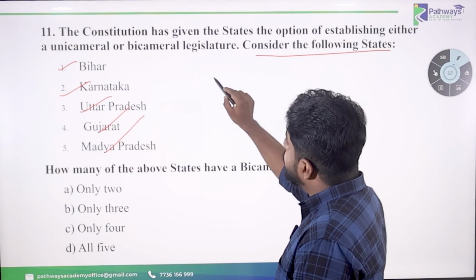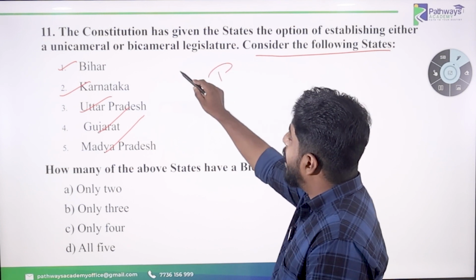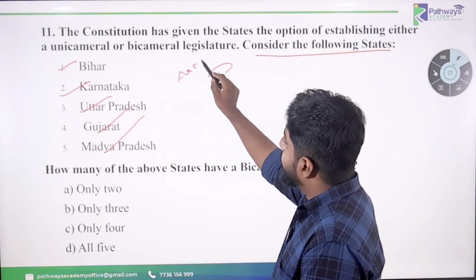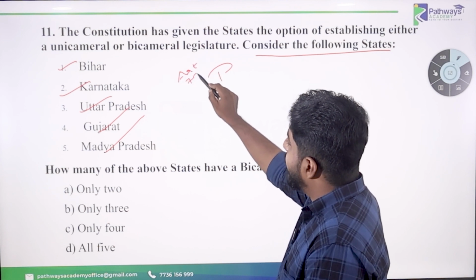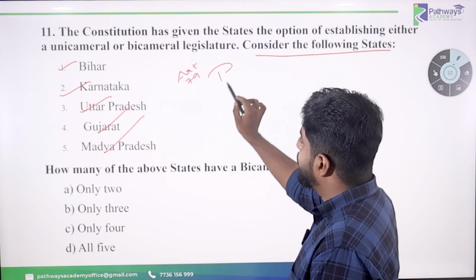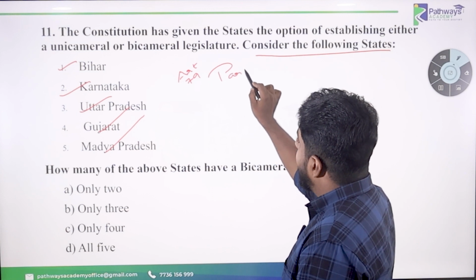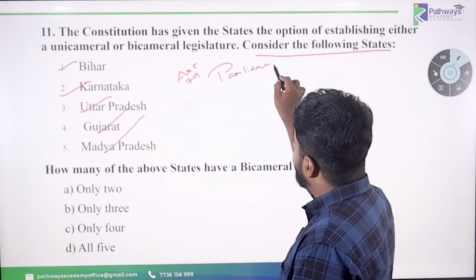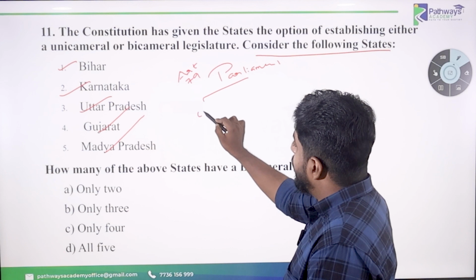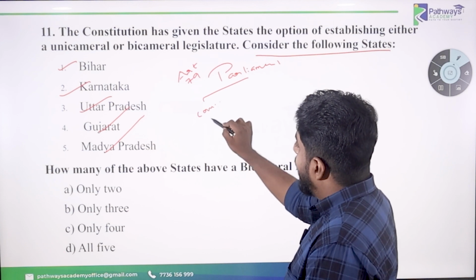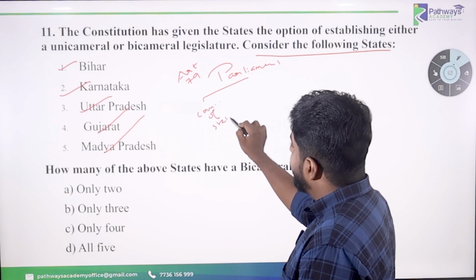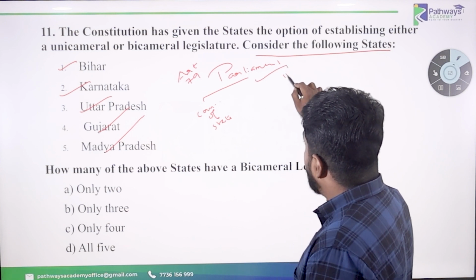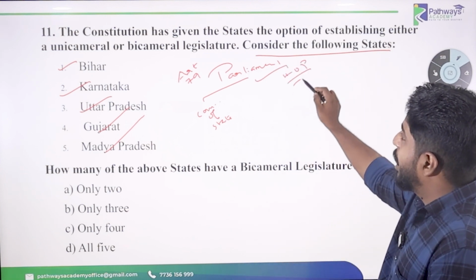In case of parliament, according to Article 79, there is no option at all. The parliament will have to be bicameral, that is, there should be a Council of States as well as the House of the People.